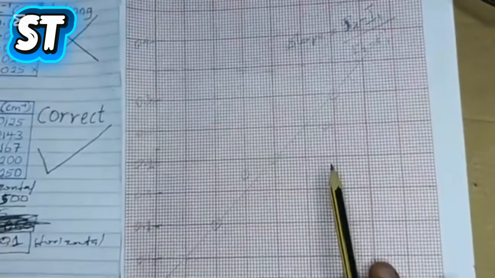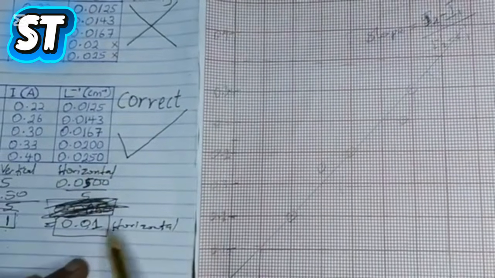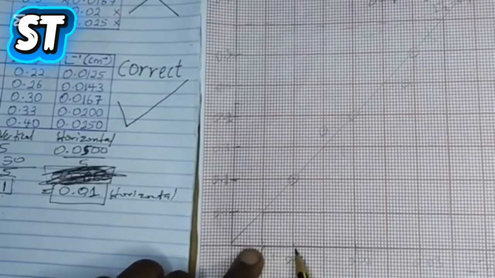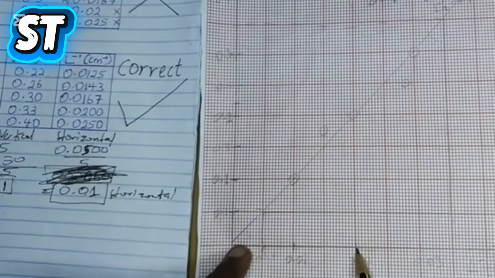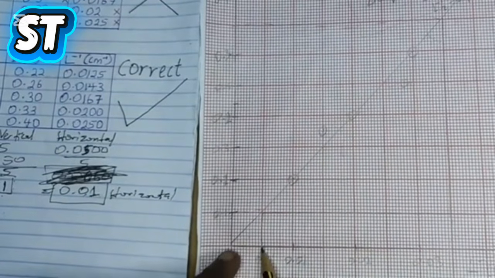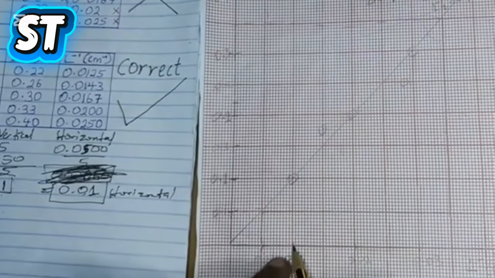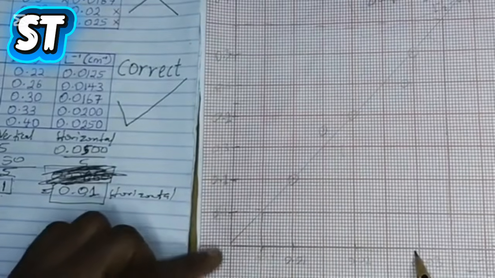The highest value here is 0.250, and mind you, we have taken 0.01 for the horizontal. If you take our 0.01 here, 0.02, 0.03, and you see the highest there, it will be small. So we cannot take 0.01 for 2 centimeter again. Let's go for 0.01 for 4 centimeter, 0.02, 0.03. That's taking the larger part of the graph.